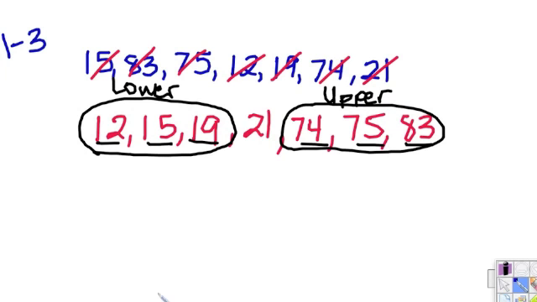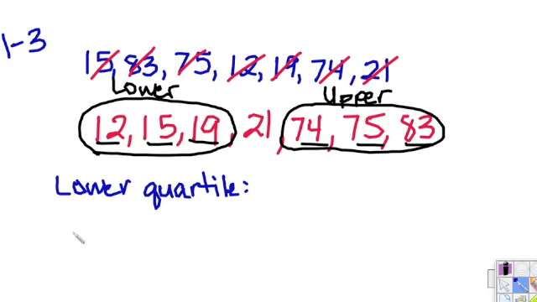Now I'm asking myself, what is the median of the lower set, or the lower quartile? You might see this word in your textbook. Some people say quartile, I'm probably pronouncing that wrong. And then we have our upper quartile.